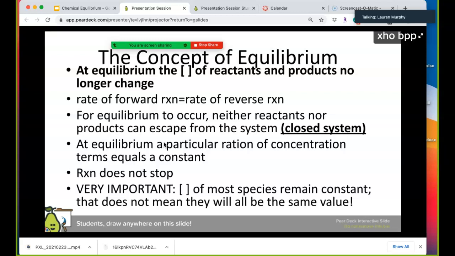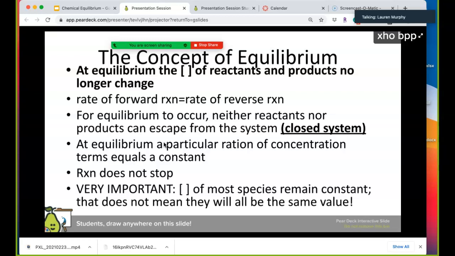It's really important to note that equilibrium does not mean equal anything except rates. It does mean equal rates, but it doesn't mean at equilibrium you have equal amounts of stuff. That is totally not true. What I mean by that is equilibrium can favor a certain side of the reaction. At equilibrium, you could have way more products than reactants, or way more reactants than products.